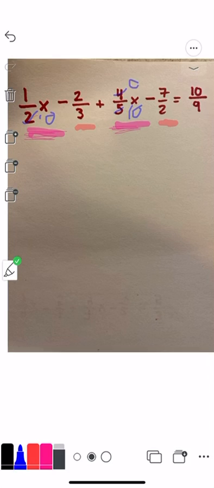So I'm going to do that to the top, and it's going to become 8/10. And if I change this 2 to a 10, I had to multiply by 5, which I'm going to do there as well, and I'll have 5/10. So you have 5/10 x and 8/10 x. If I combine those, I would have 13/10 x.